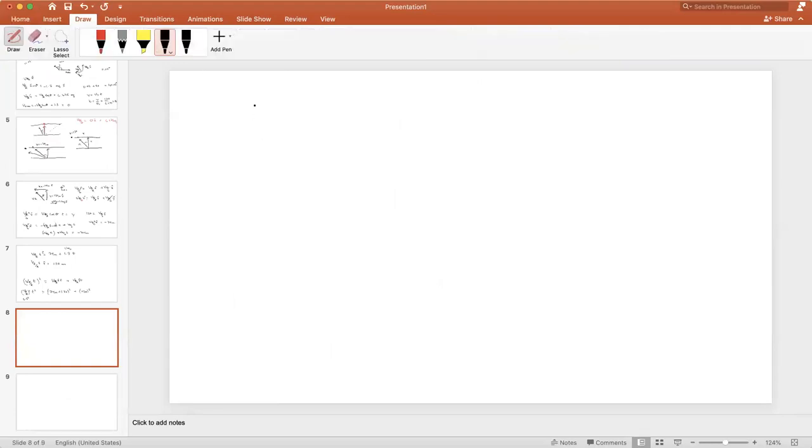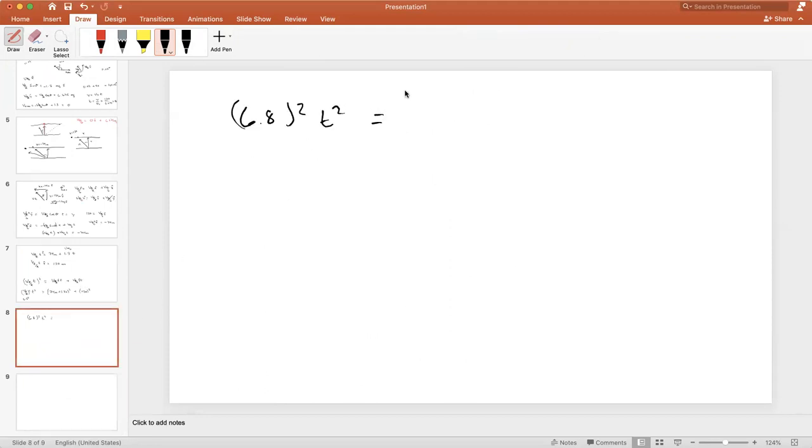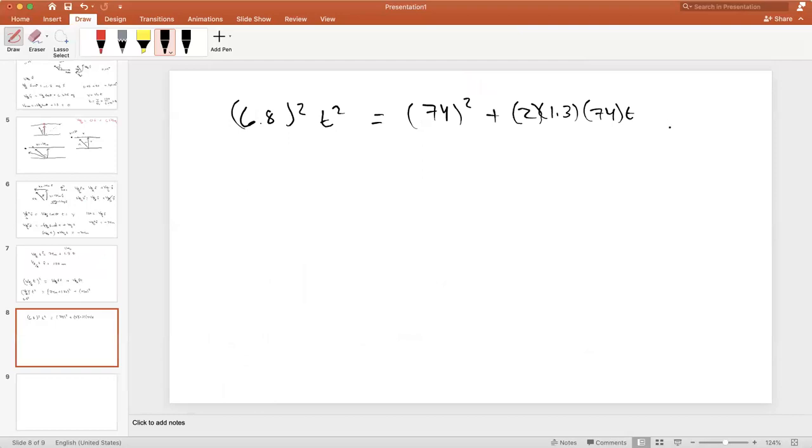I notice that I have 6.8 squared times t squared is equal to, if I do this, 74 squared plus 2 times 1.3 times 74 times t. When we do this thing, remember that's 1.3 times t, I get 74 times 1.3 times t, and I get two of them. And then I get 1.3 t squared, which is 1.3 squared times t squared.